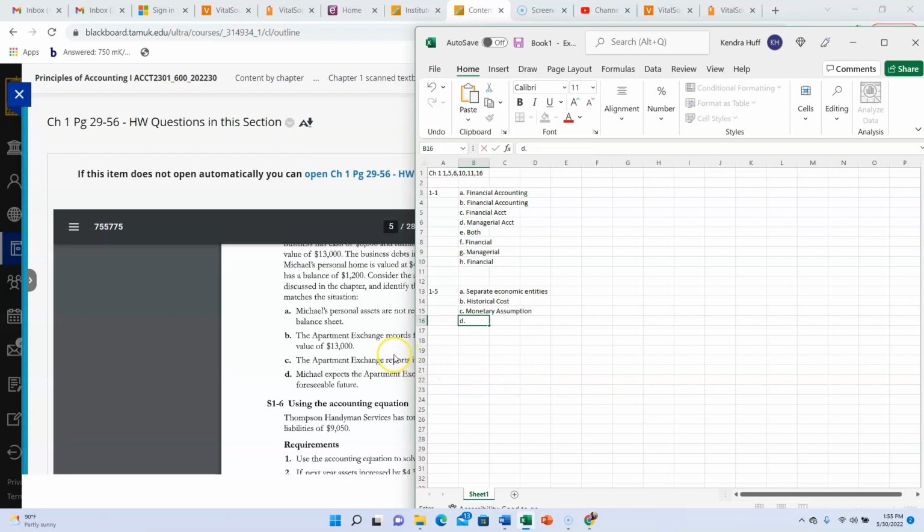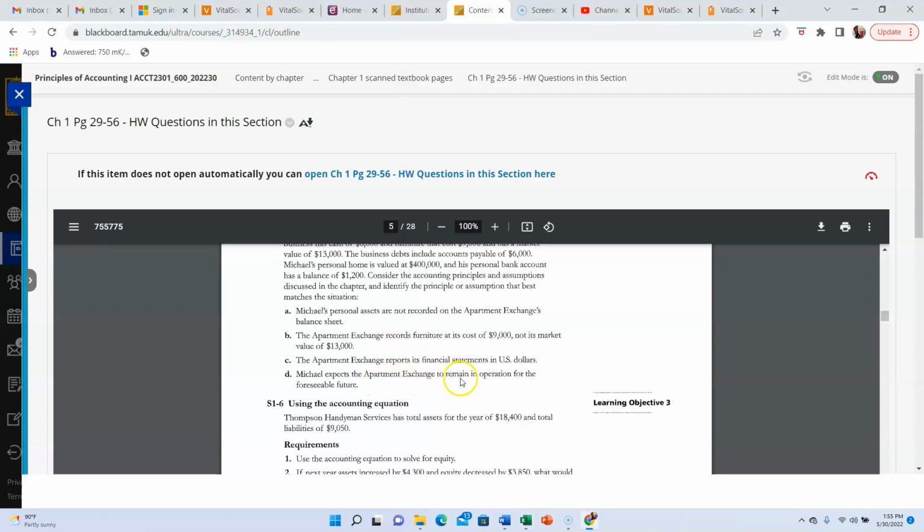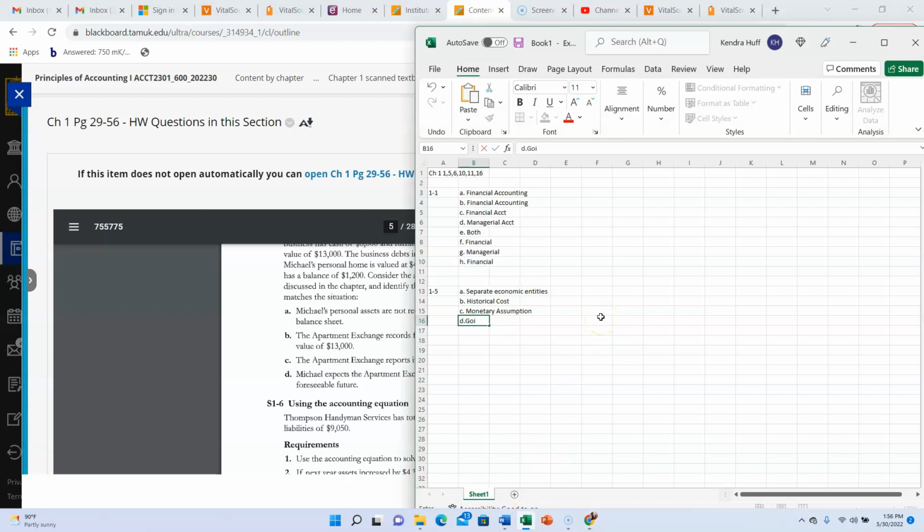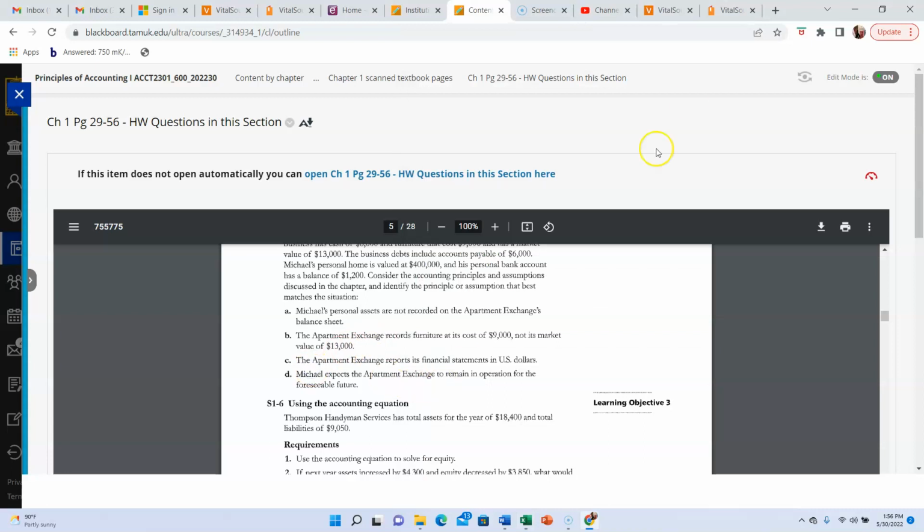Then D, Michael expects the apartment exchange to remain in operation for the foreseeable future. That one's called the going concern. Some of these assumptions change if you think your business is going to be going out of business in the near future.